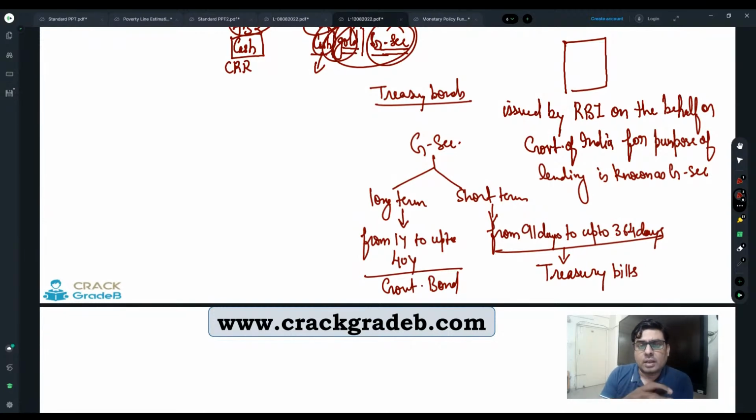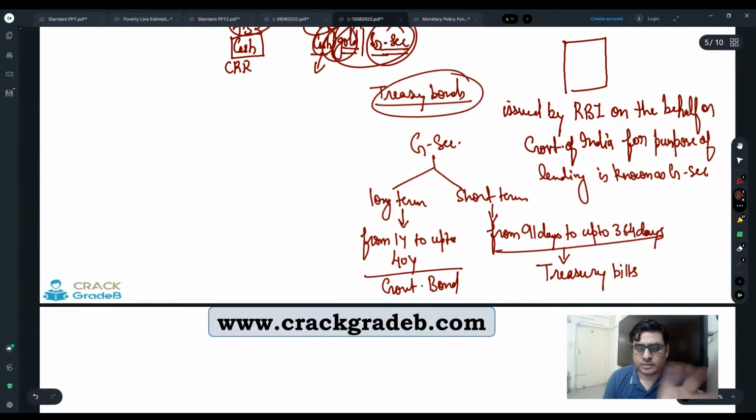It may be of 91 days up to 40 years, right? So there is no classification in that way that treasury bills are up to 364 days and bonds are from 1 year up to 40 years. There is no such classification in the US system. Treasury bond means a paper issued by the central bank, that is the Federal Reserve, in order to borrow money for the government, right? In India, this is the treasury bill and this is the government bond, right?